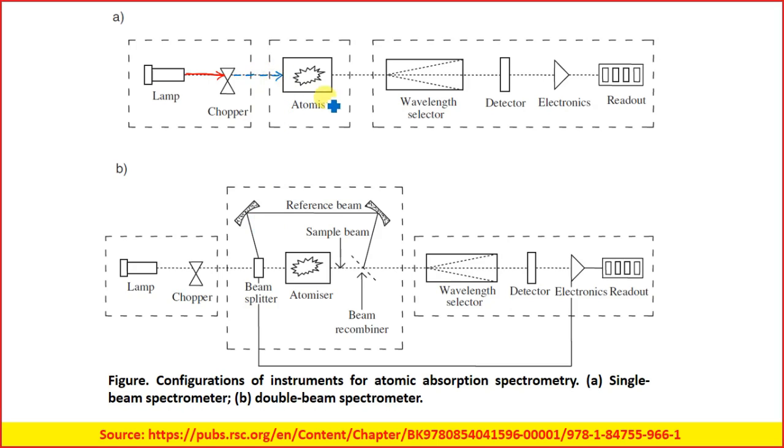From here we get to the atomizer, and in a short period of time we'll look at how the atomizer works. As the name suggests, the atomizer converts the molecules into their respective atoms, and the process is called atomization.